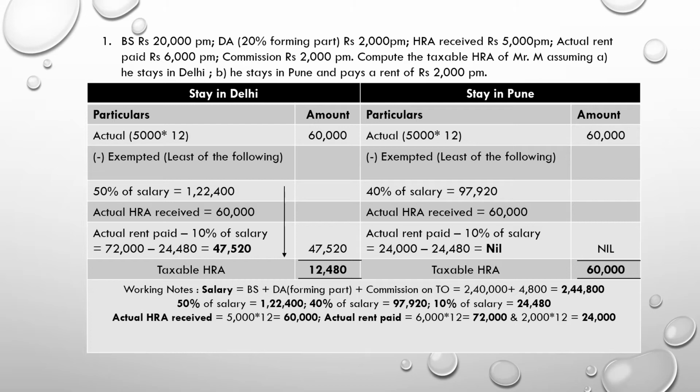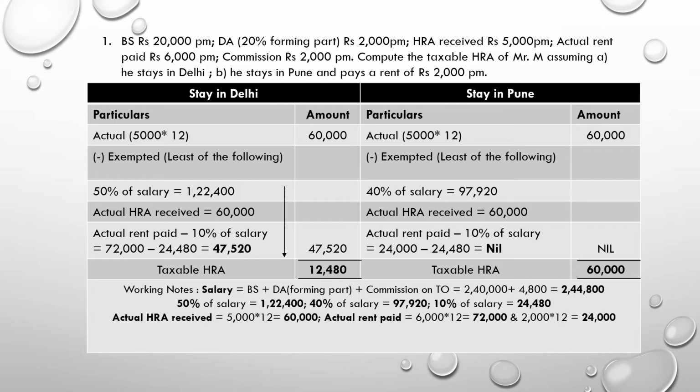Compute the taxable HRA of Mr. M assuming he stays in Delhi, and compute the HRA if he stays in Pune and pays a rent of 2,000 per month.